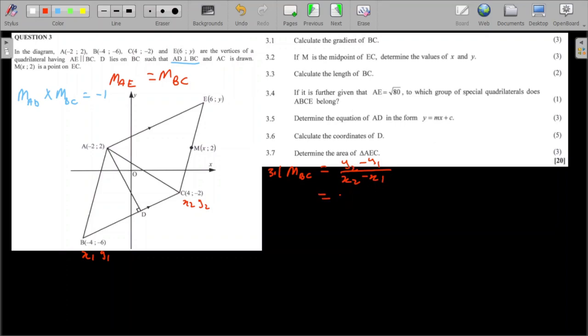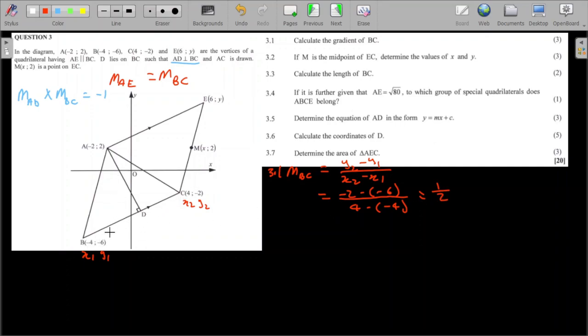So y2 is -2 minus y1, which is -6, all over x2, which is 4, minus x1, which is -4. Punching my calculator, that gives me 1 over 2. The gradient of BC is 1 over 2.